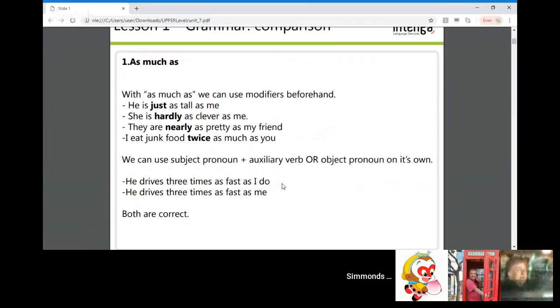So let's talk about the differences. Bob, why don't you read these two examples for us? He drives 3 times as fast as I do. He drives 3 times as fast as me. So what's the difference in these sentences?